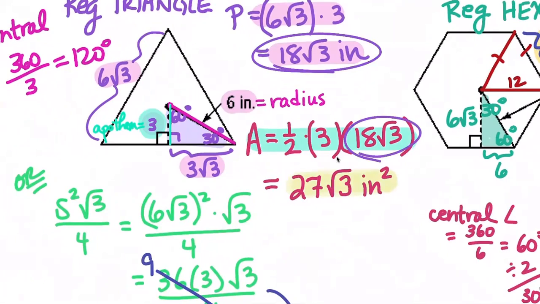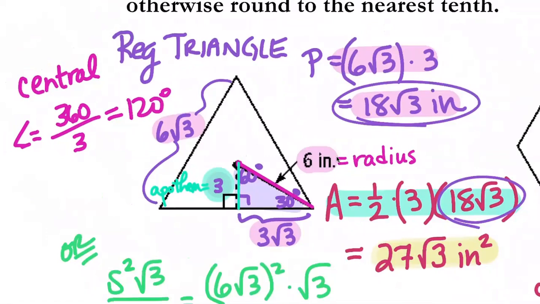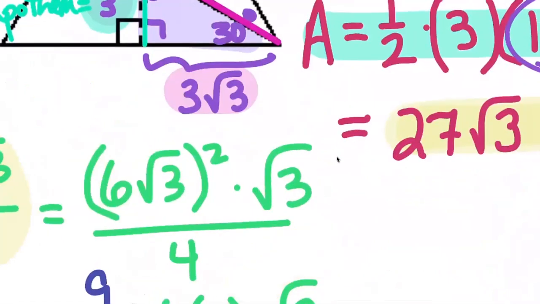So 27 root 3 is the area of the triangle. Now, another method for regular triangles, it only works if it's a regular triangle, is s squared root 3 over 4. Okay, that's only for regular triangles. So s refers to side, side squared root 3 over 4. Now, you have to be careful when you square. Remember that the square applies to both parts here.